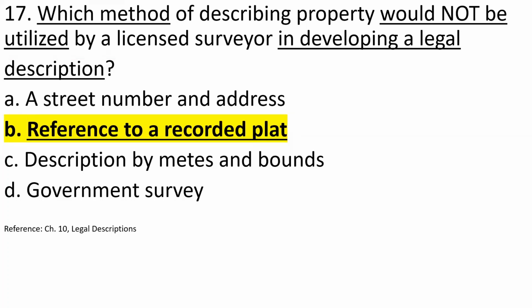So the surveyor will not have access to such a thing, because the developer is getting the subdivision done and surveyed, and then that plat would be submitted to the county. So they would not have anything to reference.